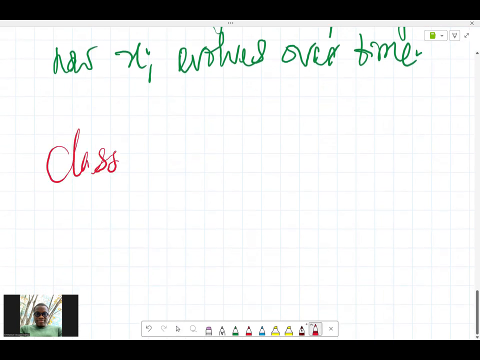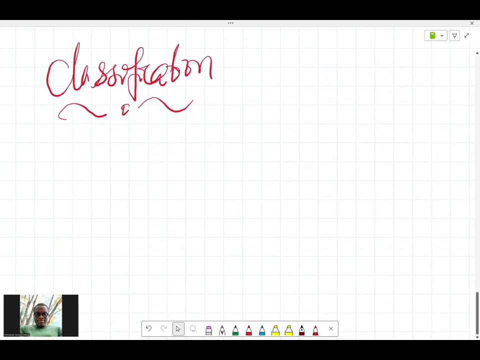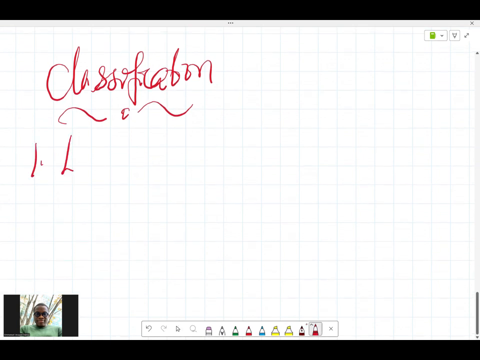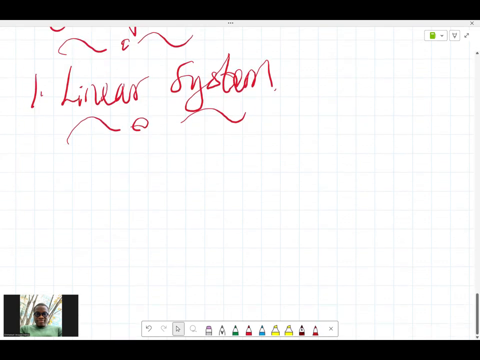That takes us to classification of systems of differential equations. The first classification is a linear system. You can have a linear system of differential equations.